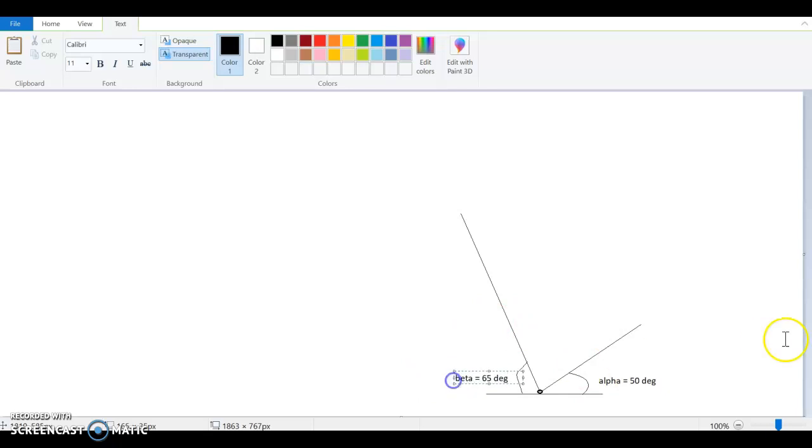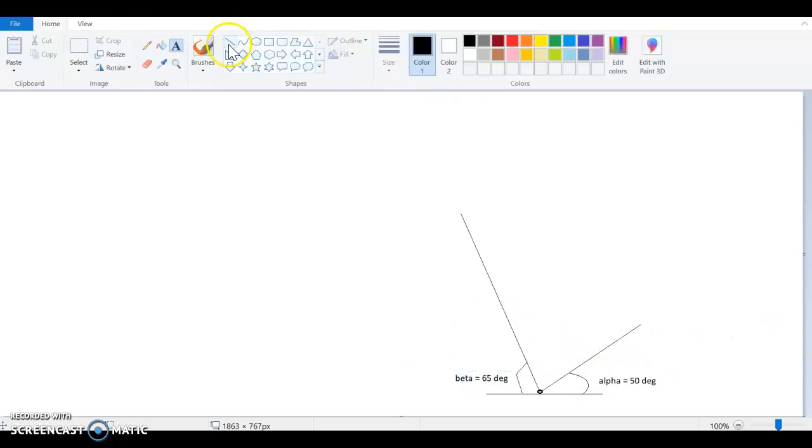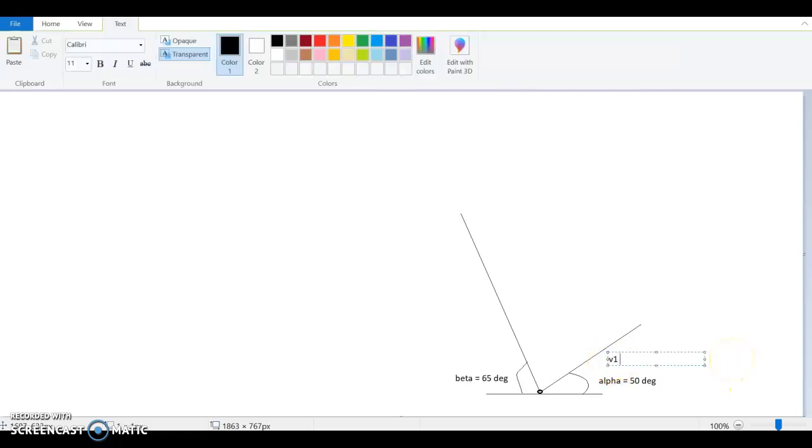Now, actually, for these two boats, we have velocity, right? So V1, let's say it's 5 meters per second. And then this one is V2, let's say 8 meters per second.